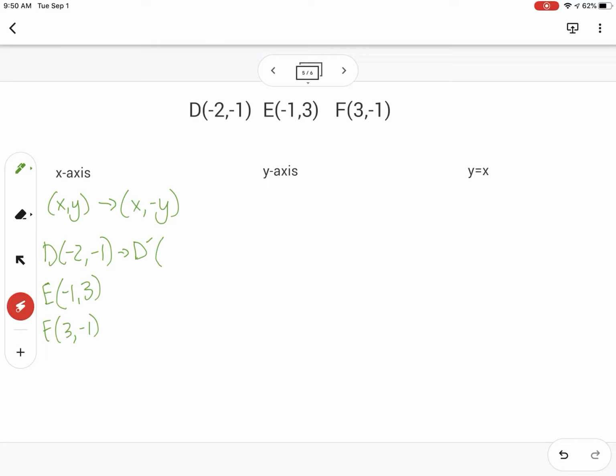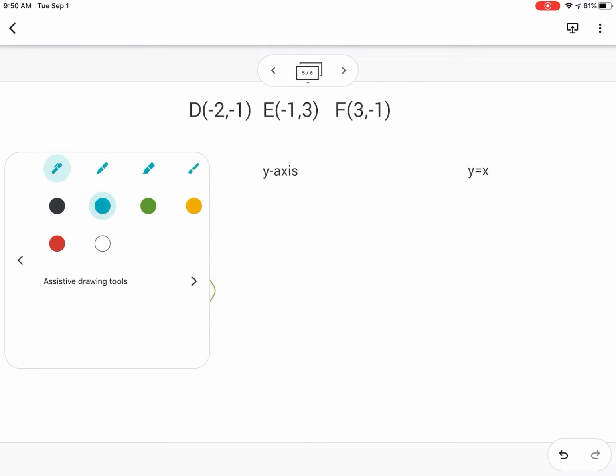D prime will become, I'm just going to make the y negative. Negative 2 is the same, but now the y, instead of a negative 1 that I started with, becomes a positive 1. For E prime, negative 1 stays the same, 3 becomes negative 3. And for F prime, 3 stays the same, negative 1 becomes positive 1. So all my y's changed, but my x's stayed the same. Right? So switch the sign on the y.